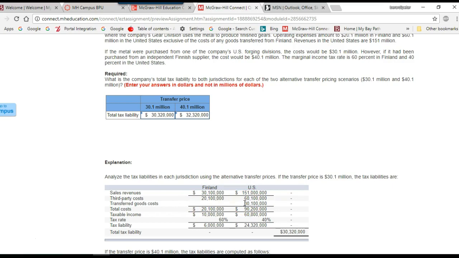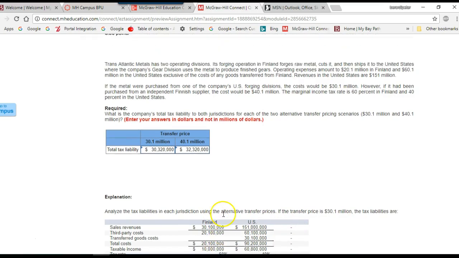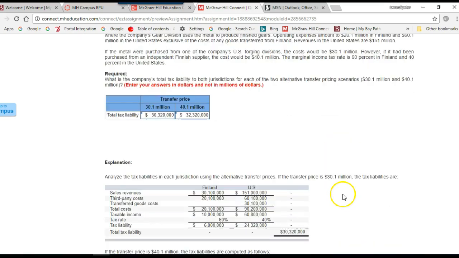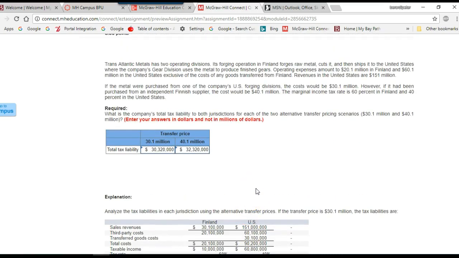So the transfer would be a transfer cost to the U.S., but revenues to Finland, because Finland is selling to the U.S. as a transfer price. It cost Finland $20.1 million in the problem. In the problem, it says that the sales are 151 million U.S. So the U.S. can turn around and take that transferred good and sell it for 151 million.